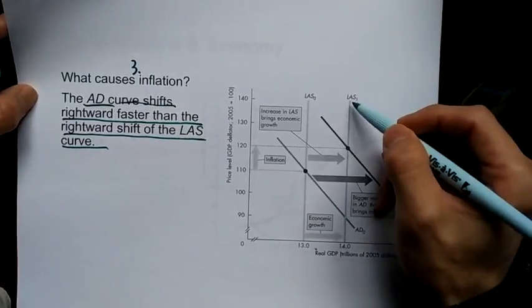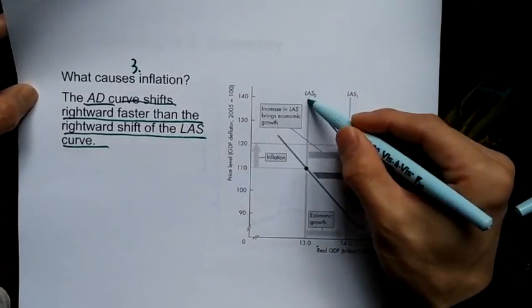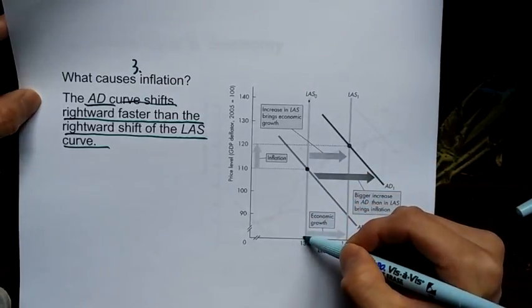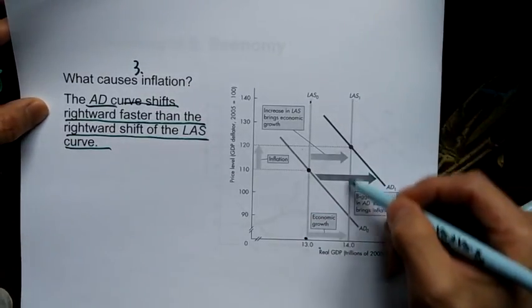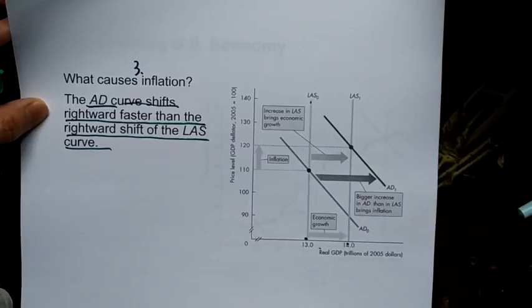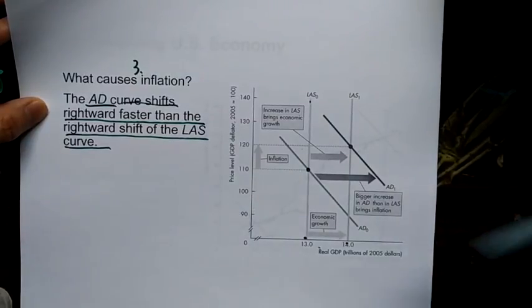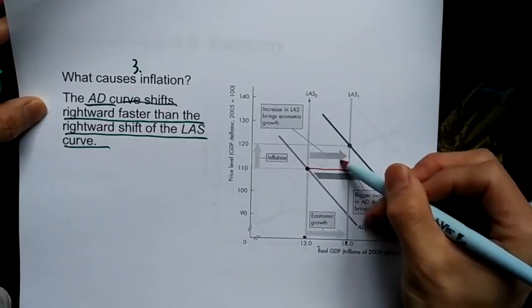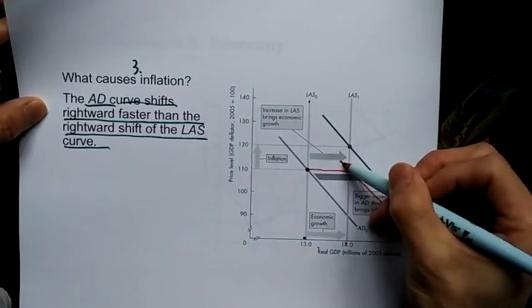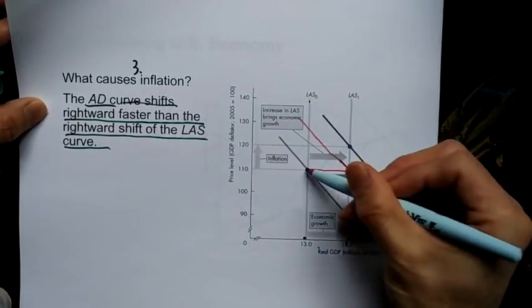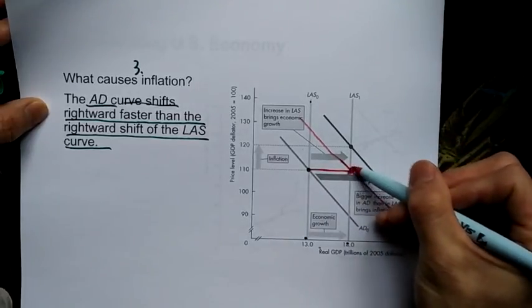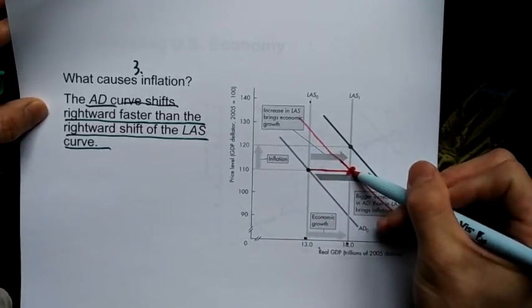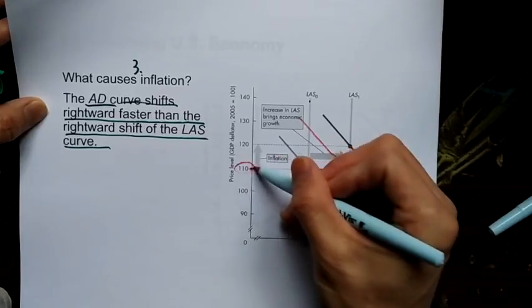Say for example, if the long-run aggregate supply curve shifts from LAS_0 to LAS_1, and the demand curve shifts by the same amount, what will happen? The new long-run equilibrium is here, and the price level doesn't change.